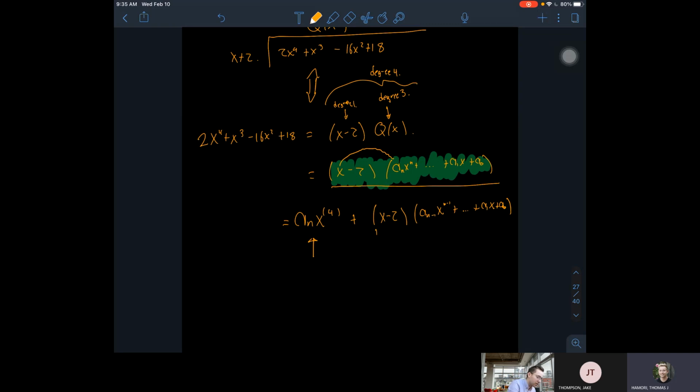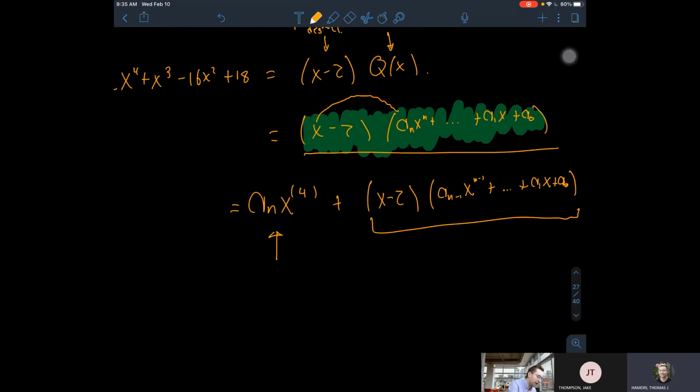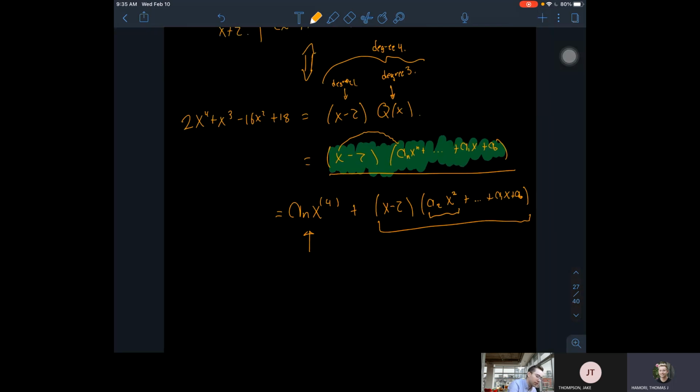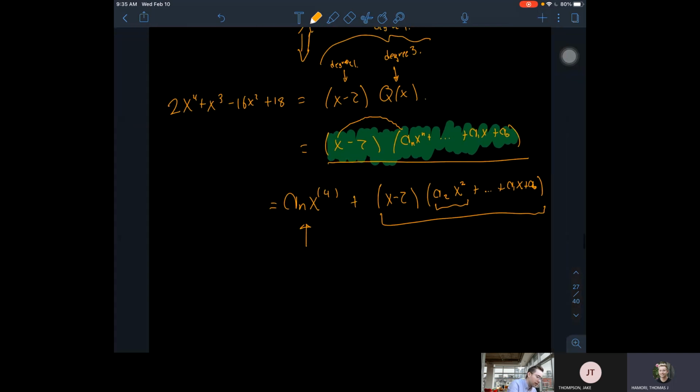And then all of the terms from this second part are going to have power less than or equal to 3, right? Because this a_(n-1) times x to the n minus 1 is really like, we could just call that a2 x squared, right? And all of this multiplication on the right-hand side is going to give us at most degree 3.